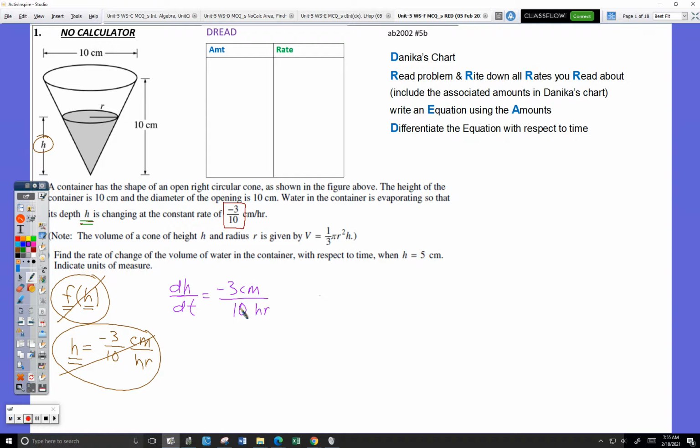So show me your hand if you knew that before you said it. 2 points, 3 for 10. Question. Okay, I've been saying for a long time that you've got to get careful and you've got to get good at distinguishing when you read between what is an amount and what is a rate, because they're constantly testing that.